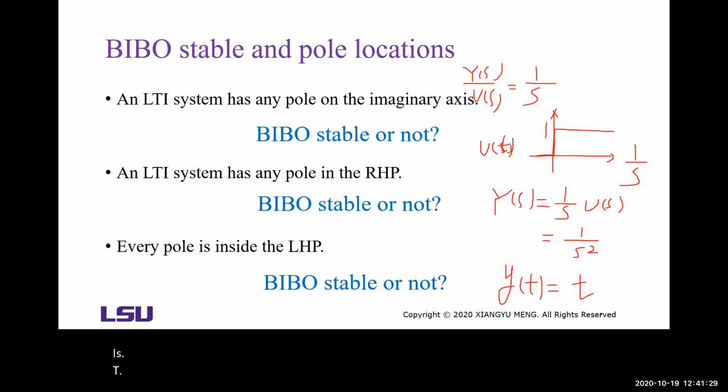It is unbounded. Therefore, if an LTI system has any pole on the imaginary axis, the system is not BIBO stable.